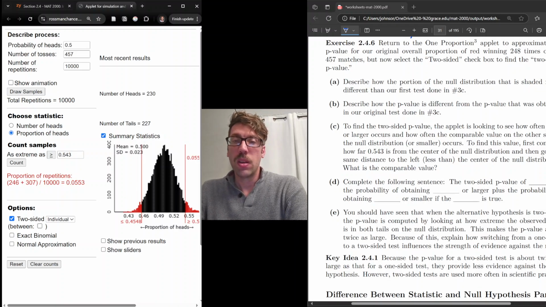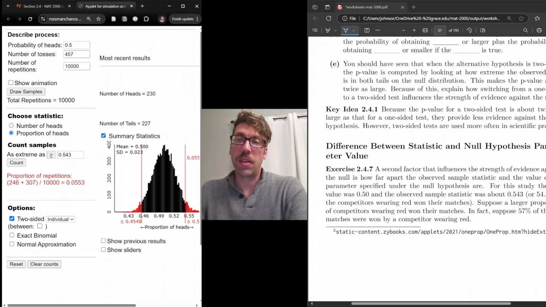Okay? You should have seen that when the alternative hypothesis is two-sided, the p-value is computed by looking at how extreme the observed data is in both tails. This makes the p-value about twice as large.